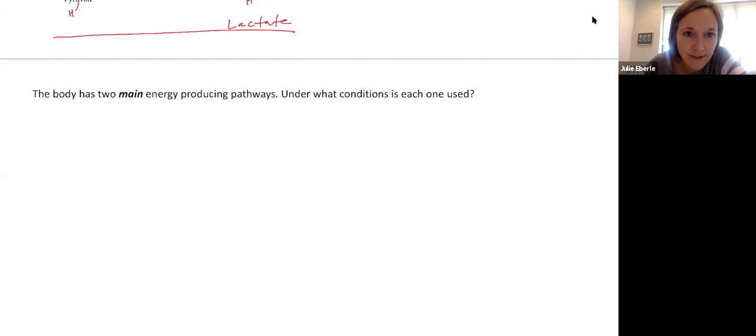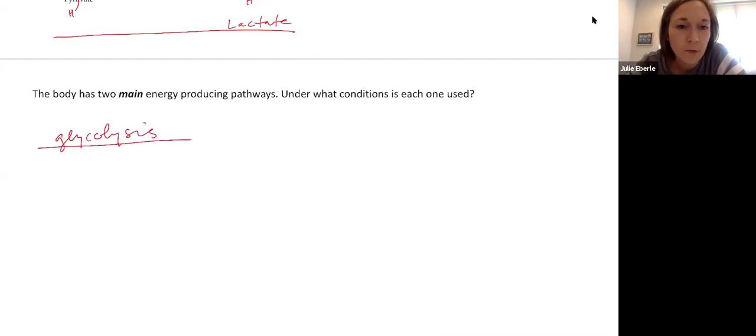The first one obviously is glycolysis. But what is the second one? What other pathway produces a lot of energy? And I don't mean oxidative phosphorylation. Glycolysis feeds directly into electron transport and oxidative phosphorylation.